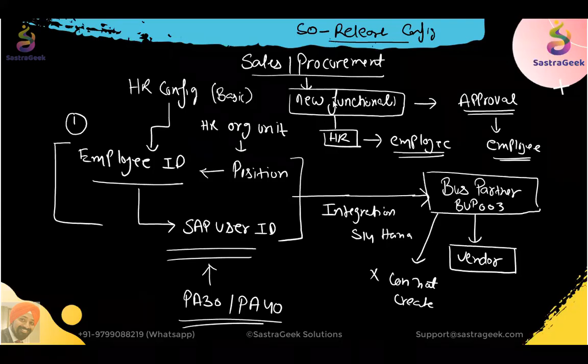Hey Parminder, one question from my side. You mentioned that there may be some organizations that may not be running the HR application on SAP. They may have a more niche or different system that does their HR operations. So it seems like for this specific activity, you still need to use the core SAP HR module, maybe some kind of mini master, just enough to support the creation of an employee ID and then trigger the linkage to the business partner and other functions.